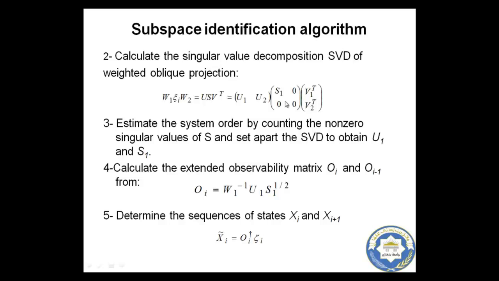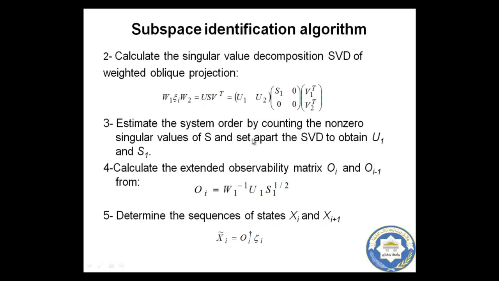The matrix in the middle contains the non-zero singular values in the diagonal elements. The first columns of the matrix on the left are the orthonormal basis of the range space of the main matrix, whereas the last columns of Q are the orthonormal basis of the null space of the main matrix.